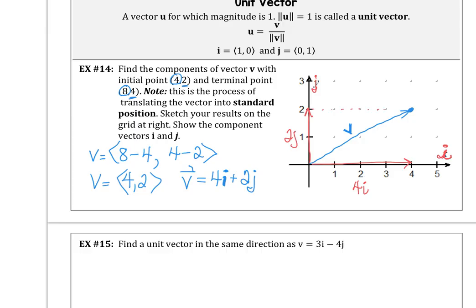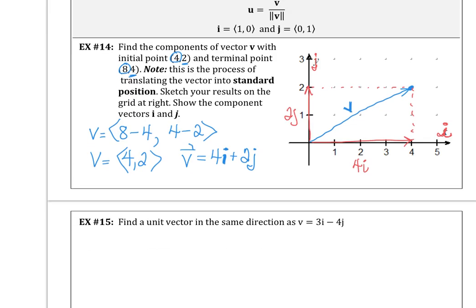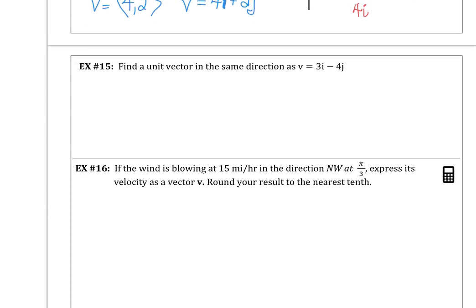And you can see the parallelogram method that we've added those two together to get that terminal point at 4, 2. For example 15, can you find the unit vector in the same direction as 3i minus 4j?